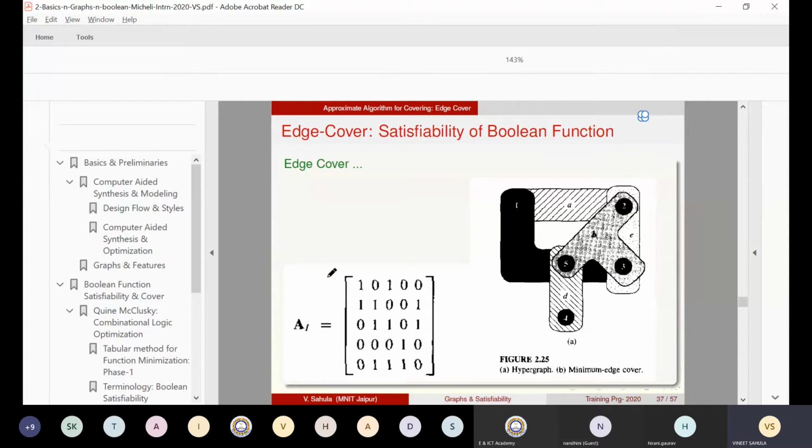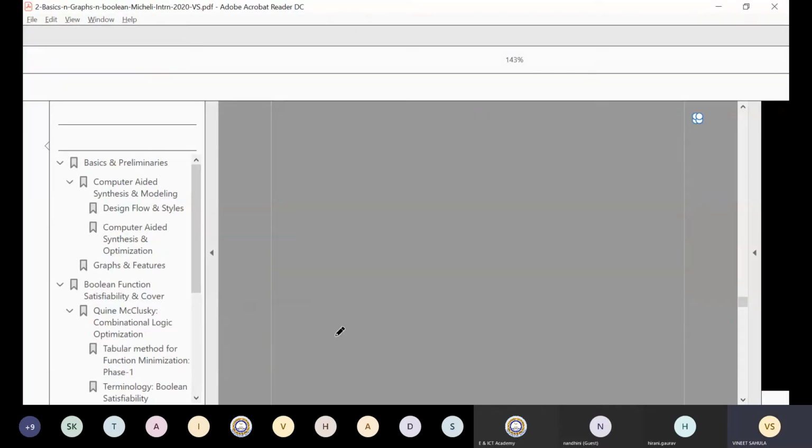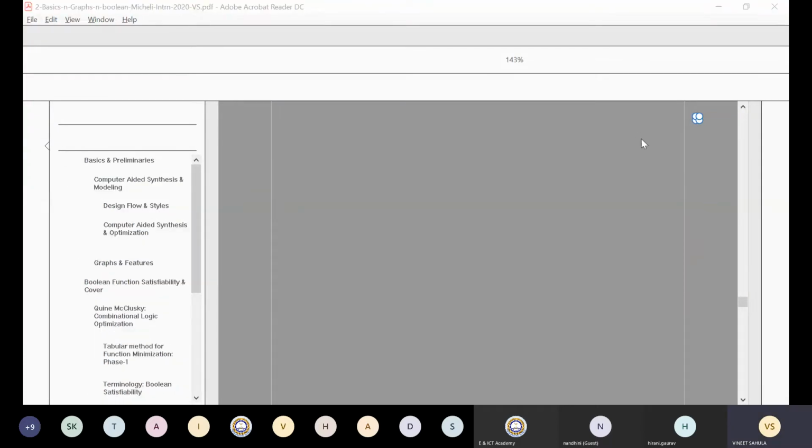Right. So for five of these, I will put it here. I am sorry. The slides have been misplaced. I'm sorry. I will again reshare it.